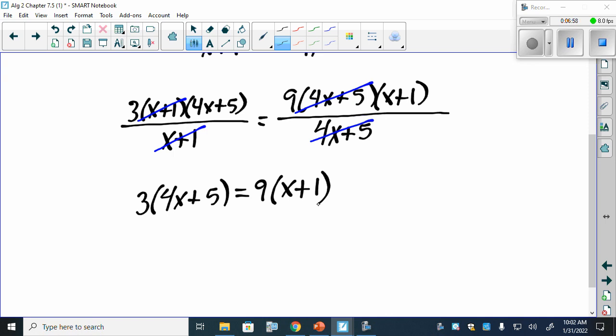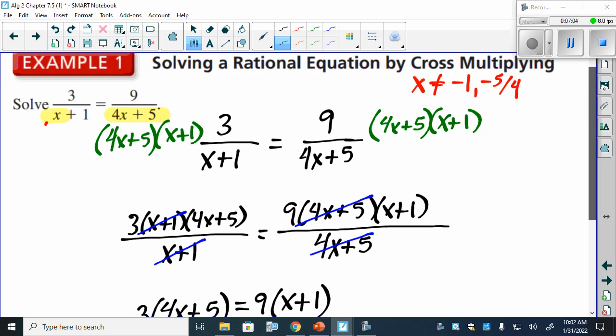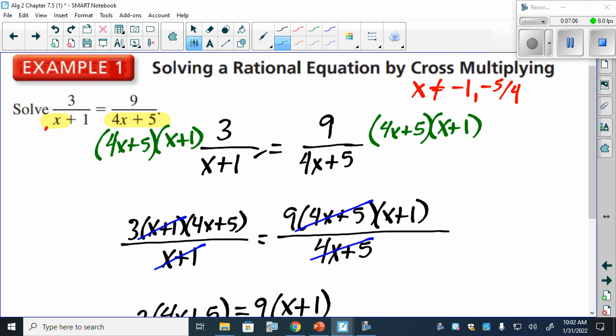Now, we could have done cross multiplication to get here, the butterfly multiplication, doing it this way. I don't like using that type of terminology because it only works if we're talking about proportions of 2 fractions in this setup, so it's not multiplying, it's just solving 2 fractions that are equal to each other.